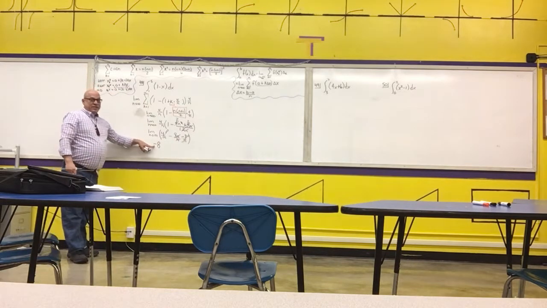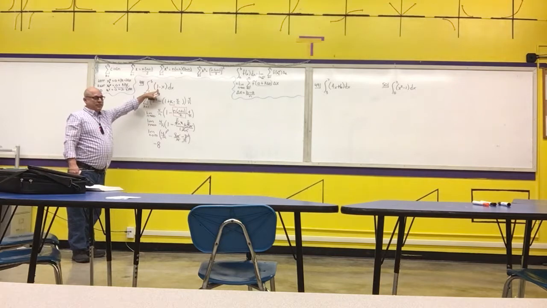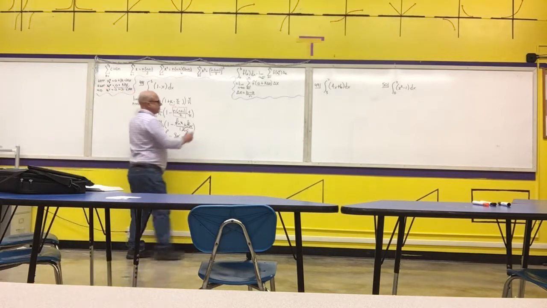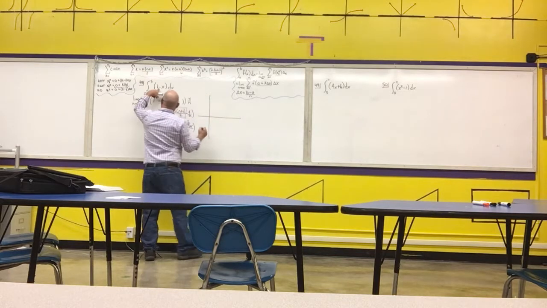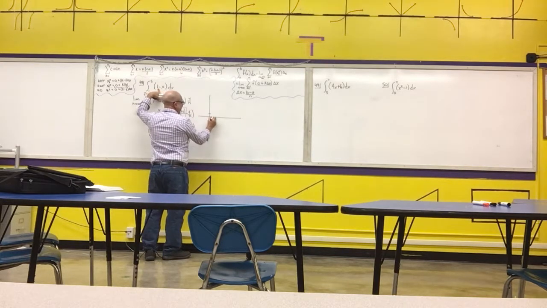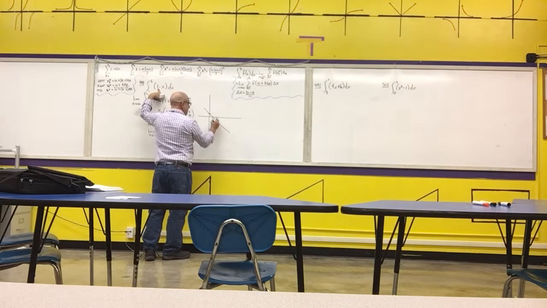We should remember that that's telling us that the majority of the area is below the x-axis. And let's see if that actually makes sense from this graph. This is a linear function with a y-intercept of 1. It's going downhill. 2, 3, 4, 5.